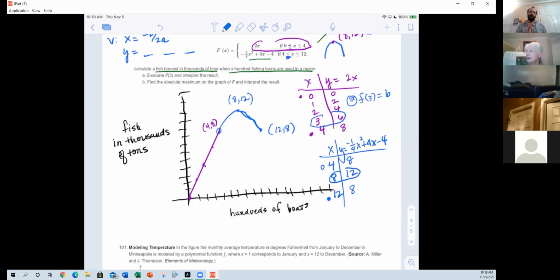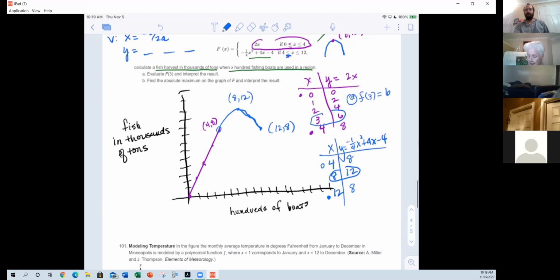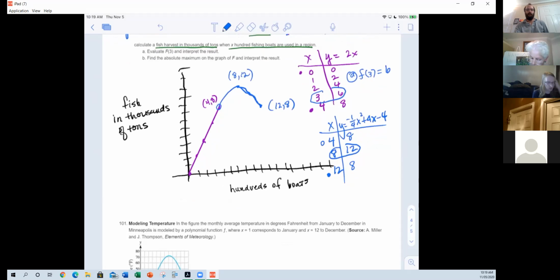And then it says find the absolute maximum. So that would be, the absolute maximum would be 12,000 tons of fish.